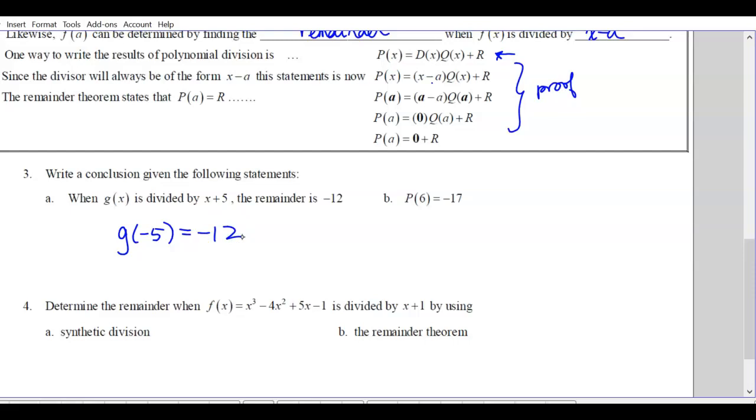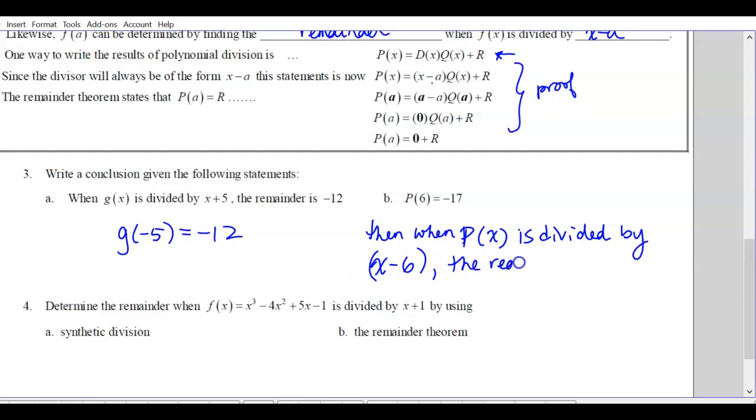Vice versa from that, if we know p of 6 is equal to negative 17, then when p of x is divided by x minus 6, the remainder is negative 17. Okay? So either way.